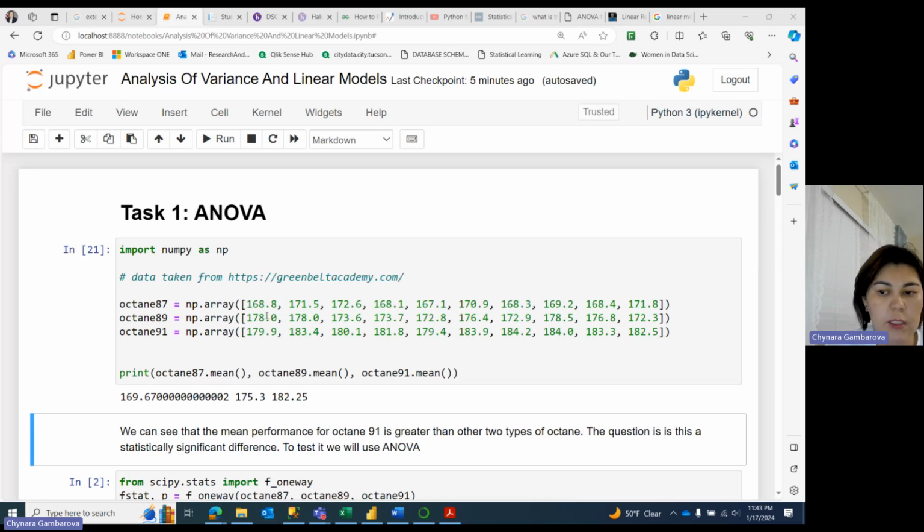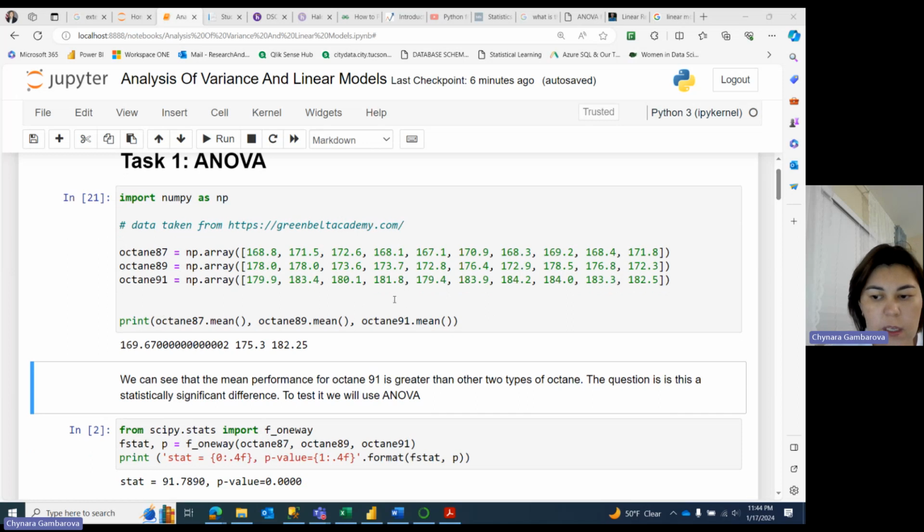And my question is, does a different level of octane affect the horsepower? Or in other words, are the means of these different octane categories different?